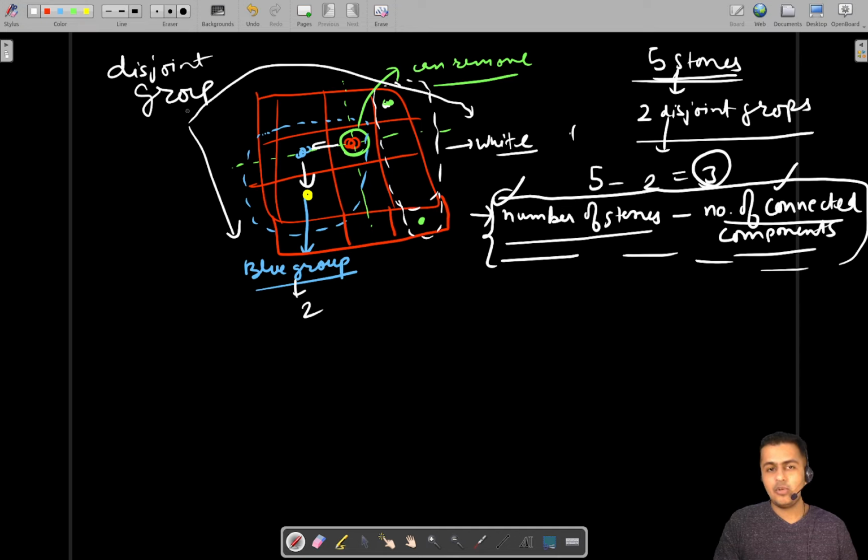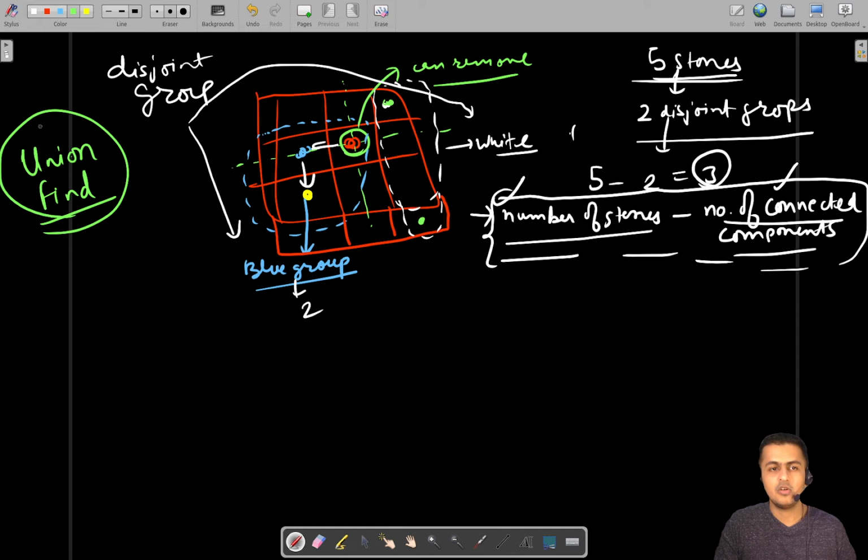For that, a prerequisite is that you should know the concept of the union find data structure, or disjoint set union.